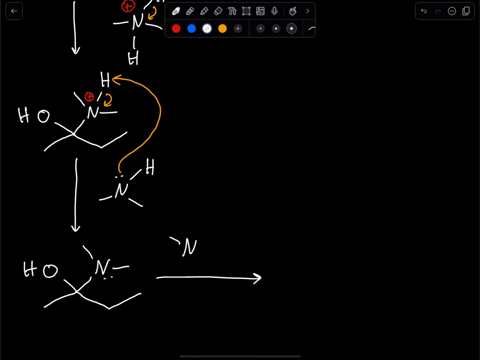So because of that reason, we take a protonated amine and we use it to protonate the oxygen. So this guy will come and take the hydrogen proton.